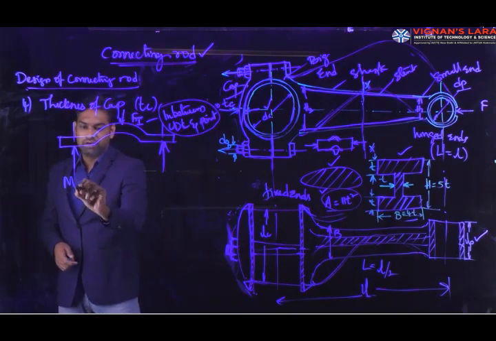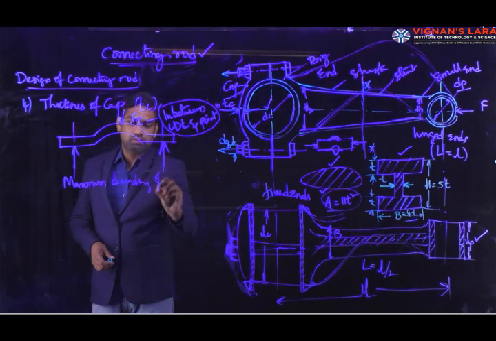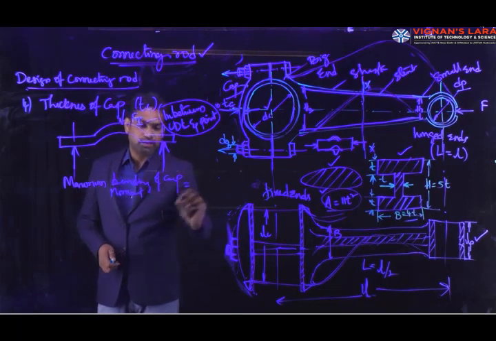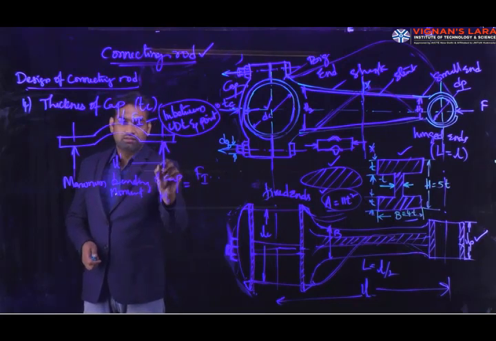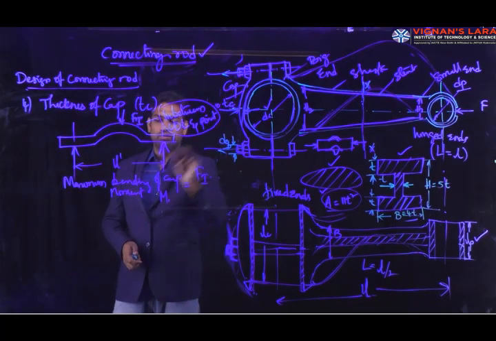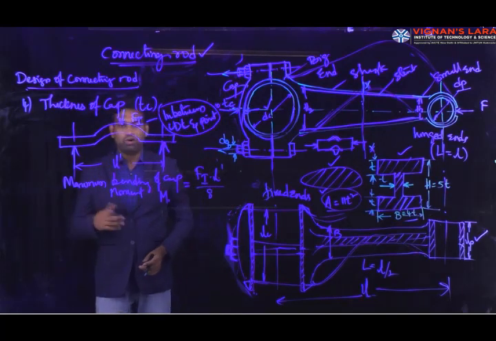The maximum bending moment acting on the cap is calculated by M equal to Fi into L dash by 8, where L dash is the distance between the center of the bolts, from here to here. Fi you already calculated in earlier steps.